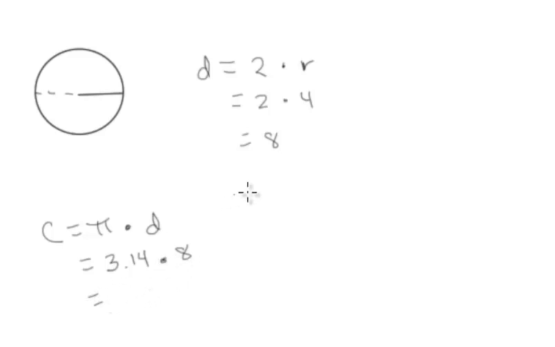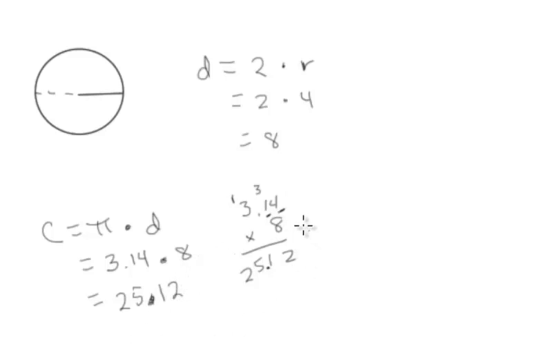So now we need to calculate this out. 3.14 times 8. 8 times 4 is 32, carry the 3. 8 times 1 is 8, plus the 3 is 11, carry the 1. 8 times 3 is 24, plus the 1 is 25. And now what do we do with the decimal place? We need to move it in 2 places, because it's 2 places there. So it's 25.12. So our circumference of that circle is 25.12.